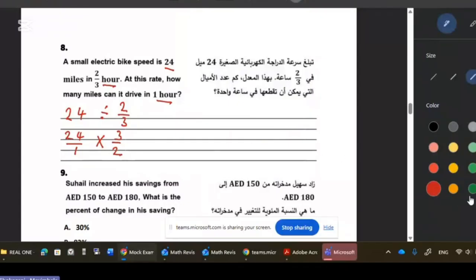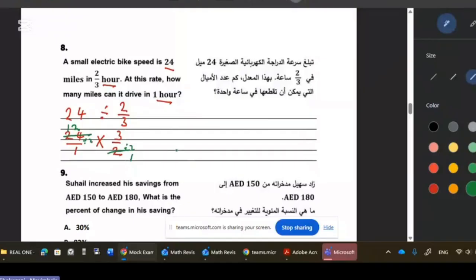In this case, I can see 2 and 24. 2 into 2 can be 1, and 24 divided by 2 is 12. I'm just dividing everything here by 2.